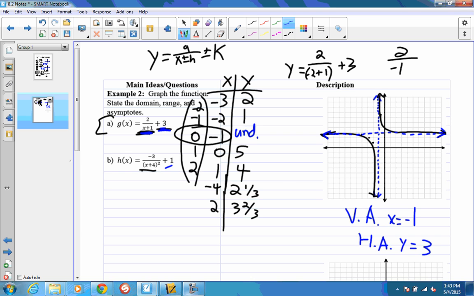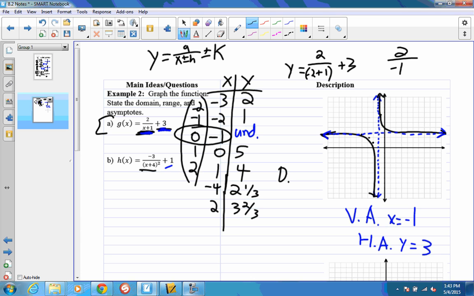Good, so domain and range on these guys. Domain. What do you think for domain? What can x not equal?